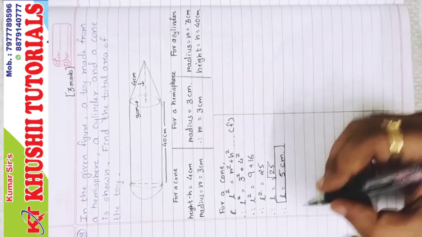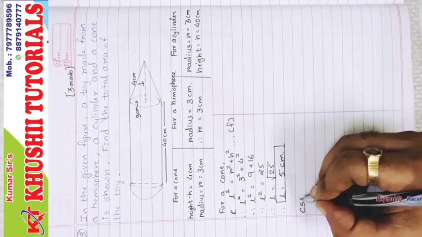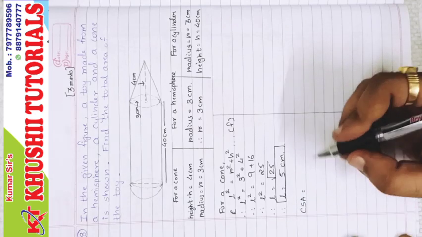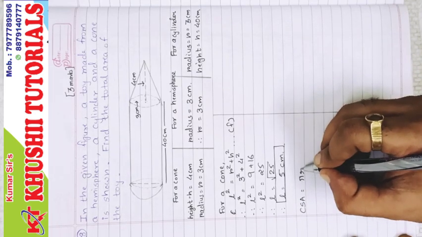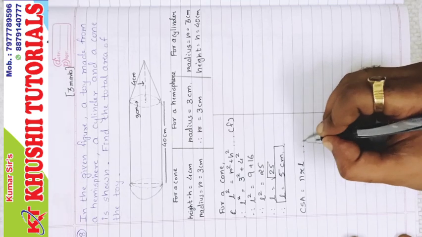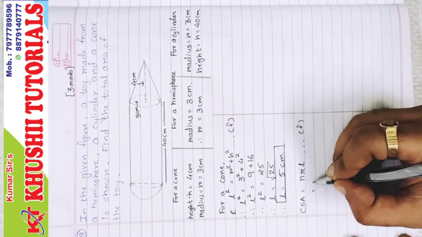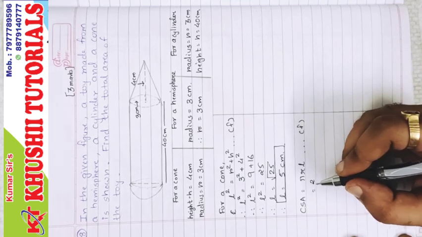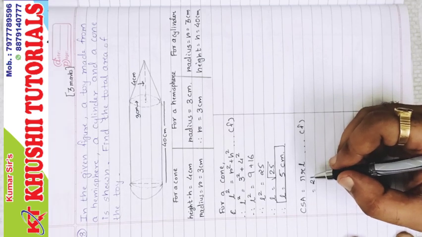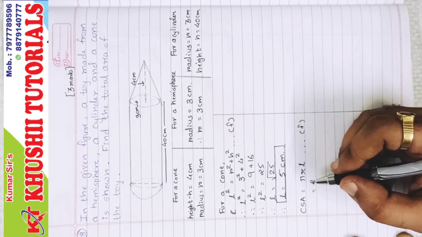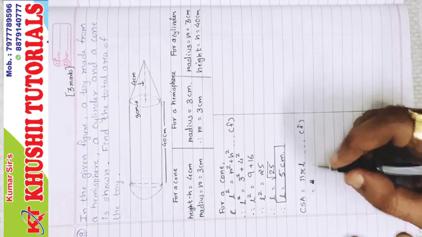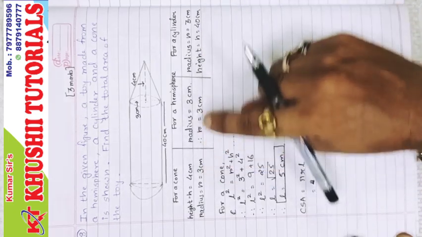Now we got slant height, so we can find CSA, curved surface area of cone. Curved surface area of cone is pi r L, and pi will remain 22 upon 7, if it is not given, but finally we are adding all of this.